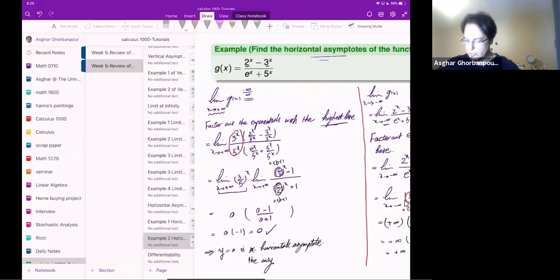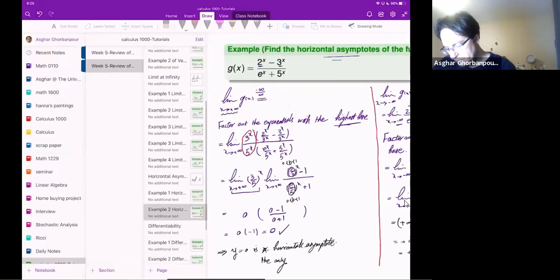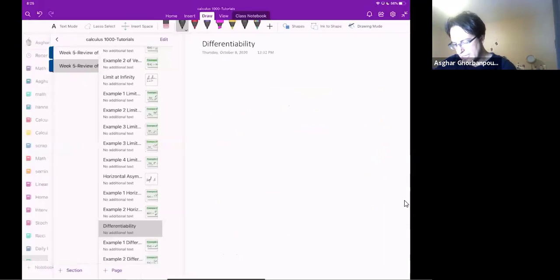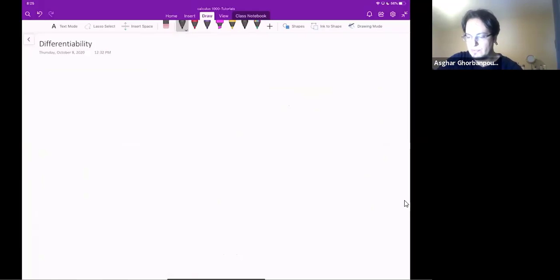Okay. So those are the examples we wanted to do for the horizontal. Now we are going to talk about differentiability.